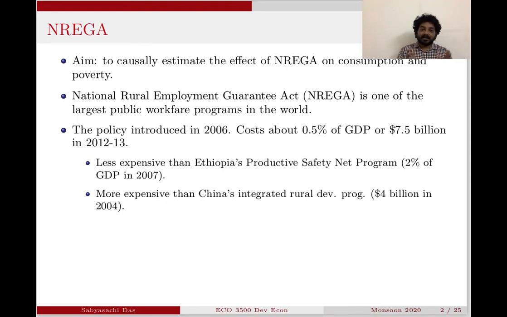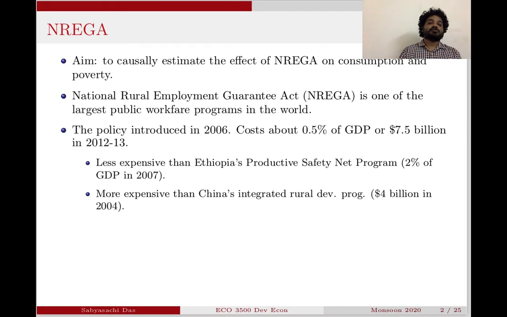program. This particular program, NREGA, in India was introduced in the year 2006. There were similar programs before. For example, Maharashtra had a similar employment guarantee program in place in their own state since the 1970s. But this is a national policy that was introduced by the central government.